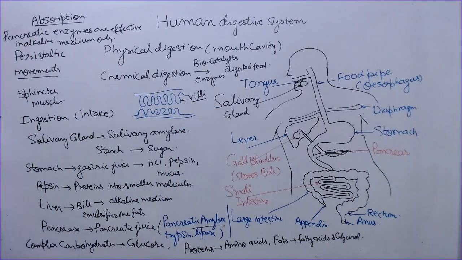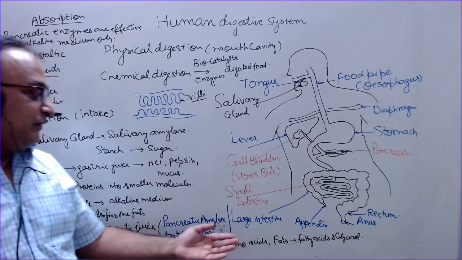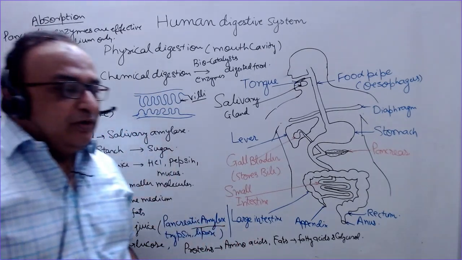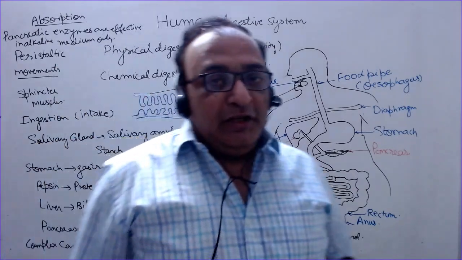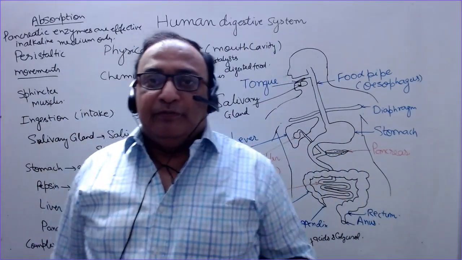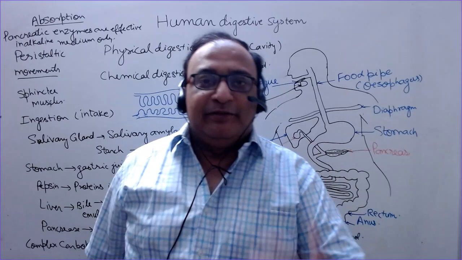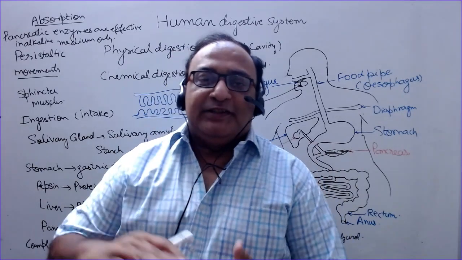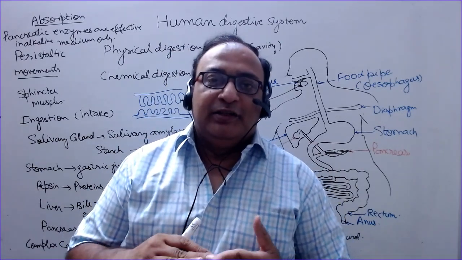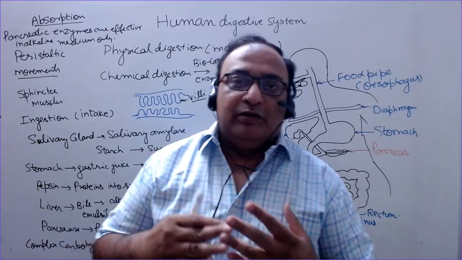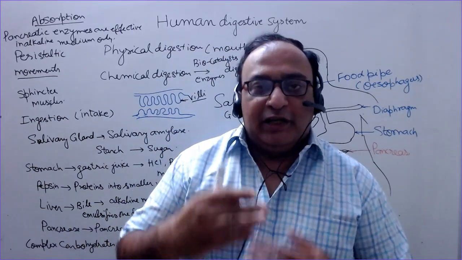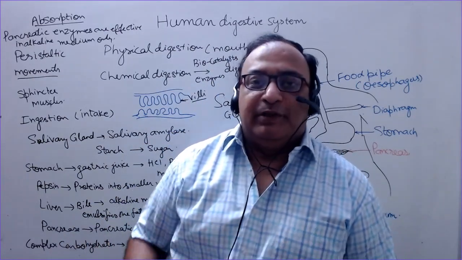The function of the villi is, one, to increase the surface area, and second, to hold all these molecules which are formed for some time, so that the blood can absorb or assimilate them. The surface area is increased so that the blood gets enough time to absorb them.